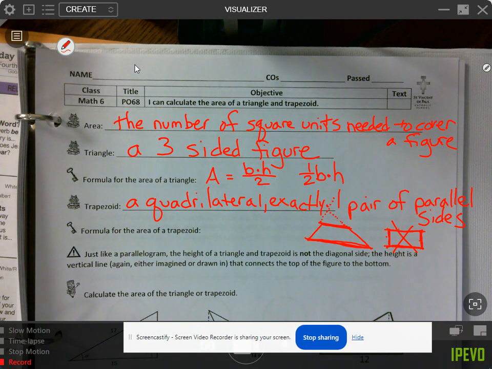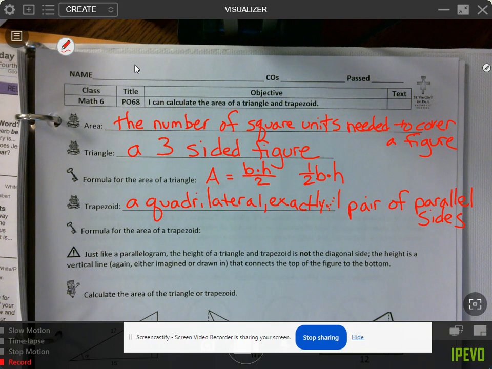Now, we have the formula for a trapezoid. It's a little more challenging than the formula for the triangle. Melanie? The parallelogram. So, for the trapezoid, listen carefully and make sure you're writing this formula down.